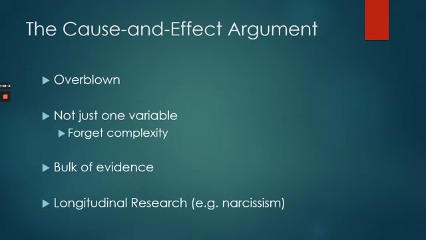The problem with that is that that's not the real world. In the real world, there are multiple variables influencing our behavior every second. So yes, it's a nice experiment and you can show that there's some statistical relationship, but we can't forget that that variable in the real world isn't in isolation.